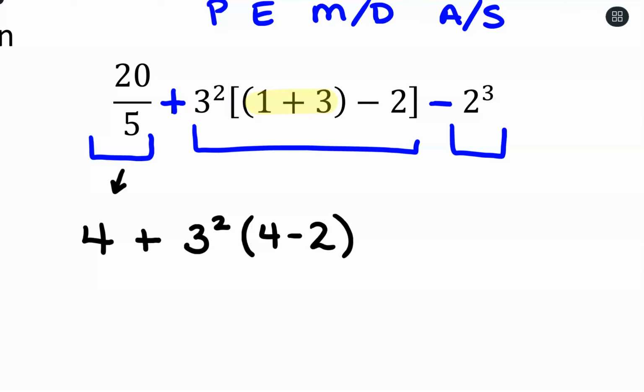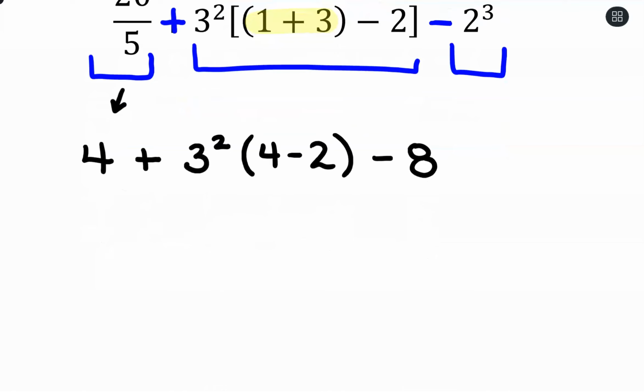And then our final term here is a minus 2 cubed. So it's just simplifying the exponent, which would be a minus 8. So that takes care of a few steps in one. It simplifies all 3 terms. And then at this stage, what we're really focused on is just simplifying that middle term and getting that down to a single number so that then we can combine them.